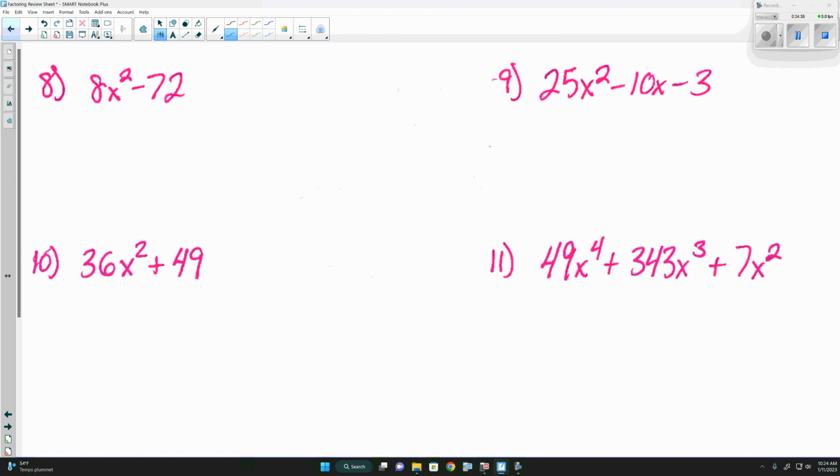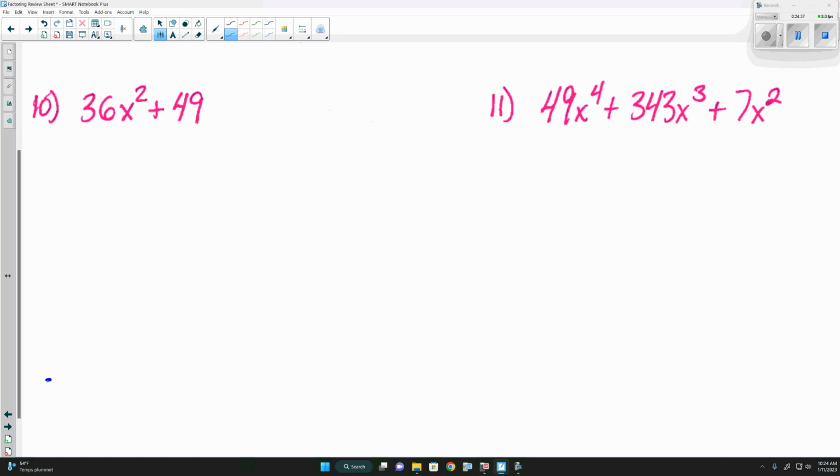11, if we look at it, now the first thing we should always be looking for is a what? A greatest common factor. Now, looking through these 3 terms, there is an x squared, because all 3 have a variable, yes? X to the 4th, x to the 3rd, and x squared. So all of them have a greatest common factor of x squared. We can pull x squared out of every term.